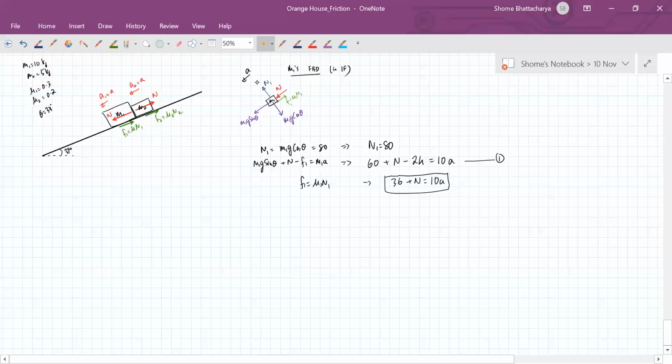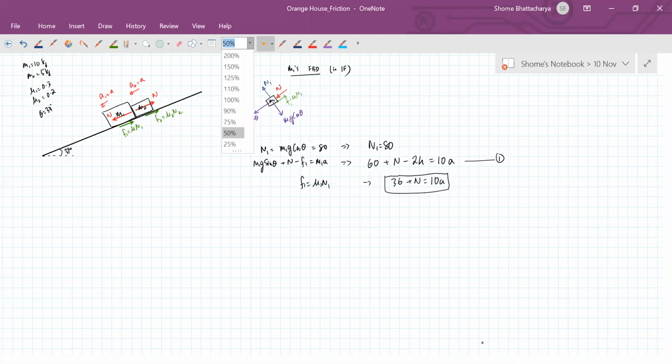So next what you do is you make the free body diagram for this block, for the M2.